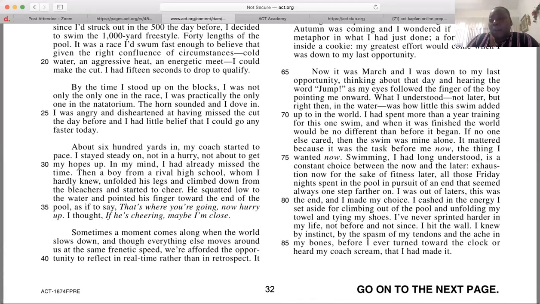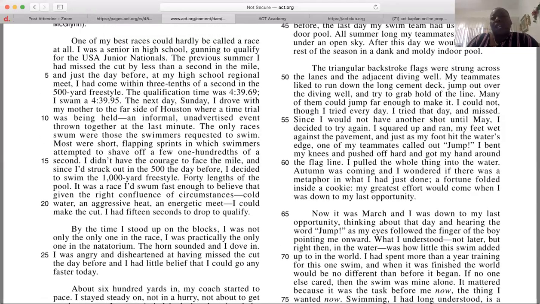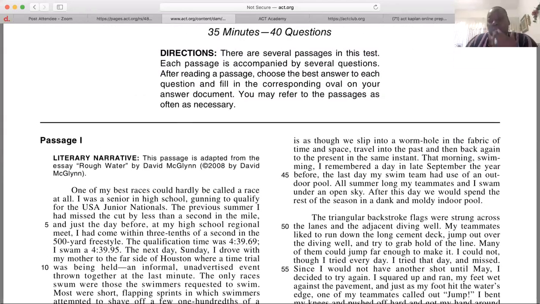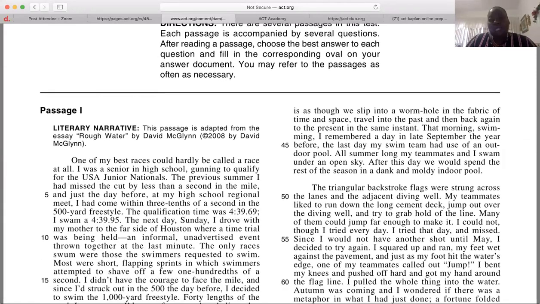It's very important that in this section, as a student, you take one of these passages or any of the other passages that we have online, and you time yourself to see how long it will take you to read this passage. So if it takes me 3 minutes to read the passage, I know that there are 4 passages, so that's 12 minutes that I'll utilize in just reading, and all of the time that I have remaining, I will devote to answering questions.